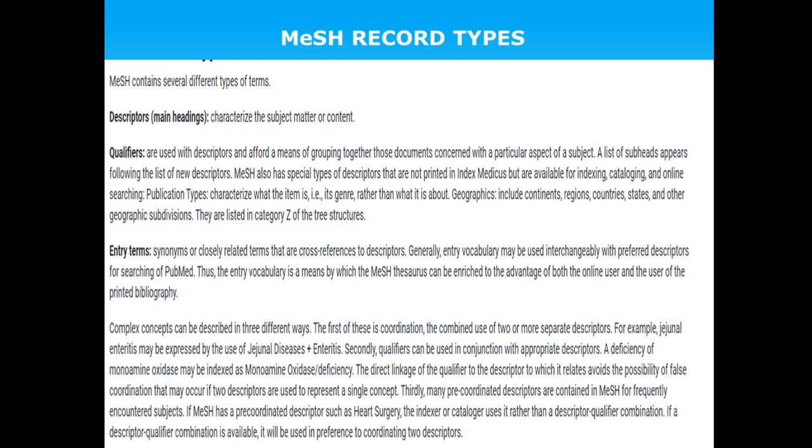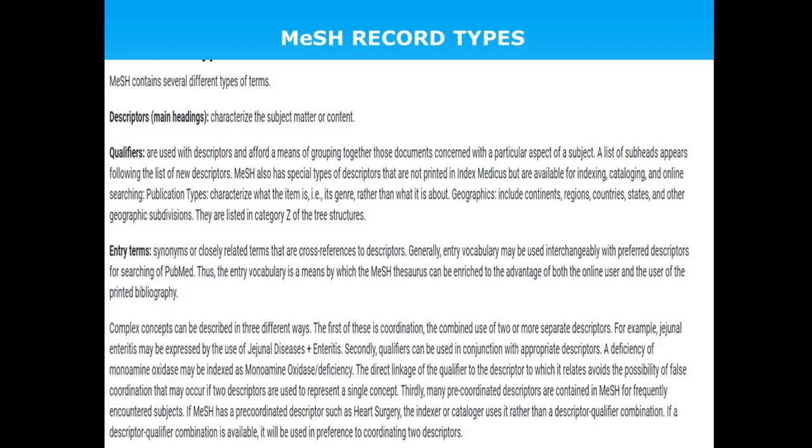And the third is pre-coordinated descriptors are contained in MeSH for frequently encountered subjects. We call it pre-coordinate indexing. These are the examples of pre-coordinate. If MeSH has pre-coordinated descriptors such as heart surgery, the indexer or cataloger uses it rather than a descriptor qualifier combination. That's correct actually. If a MeSH term is readily available, it is pre-coordinated. MeSH subject headings is a predefined list of controlled vocabulary for medical terms.